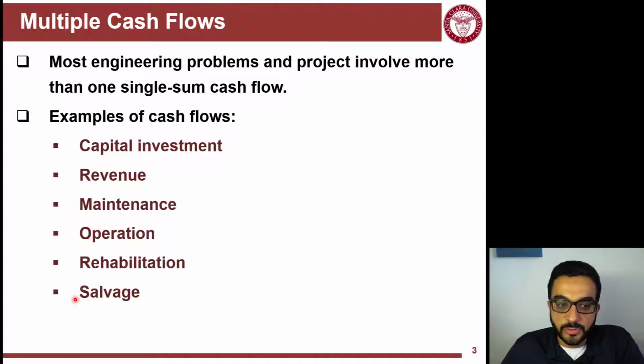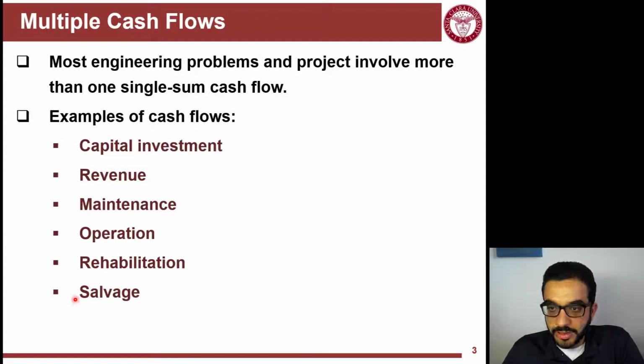In this case, you will demolish or sell this equipment as salvage, and getting the value out of this asset at the end of its life is called salvage value. So you see here multiple cash flows in the life span of a project.